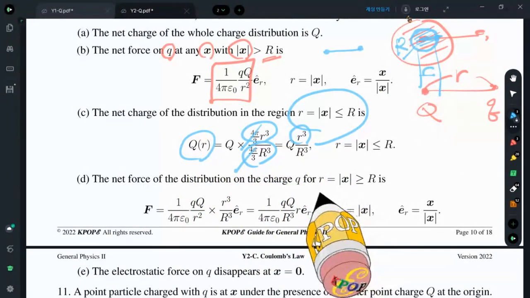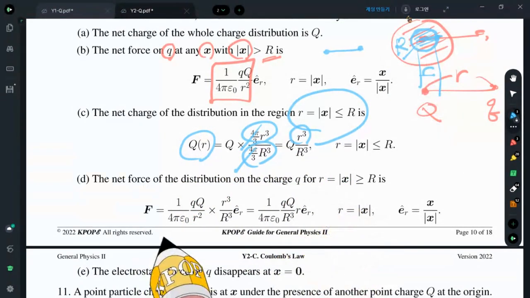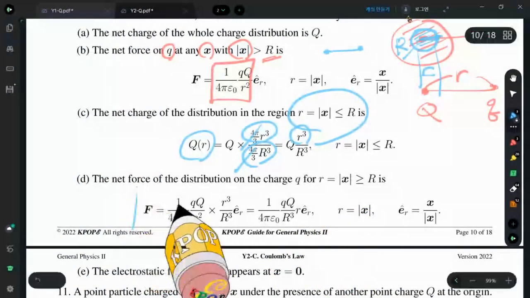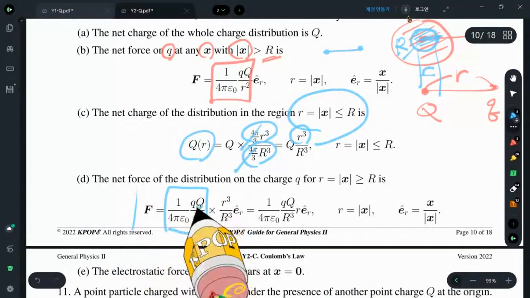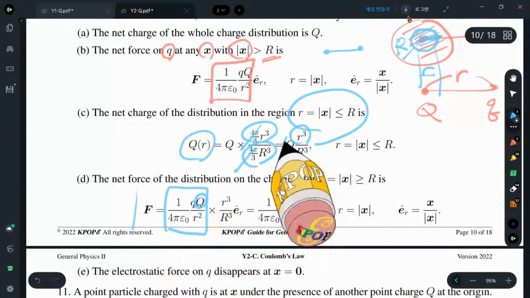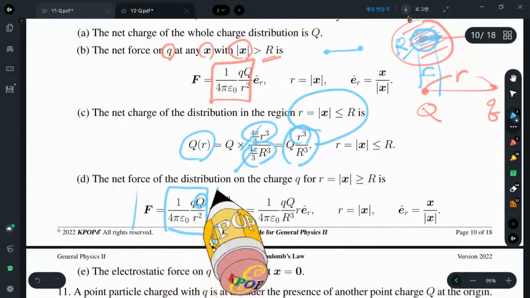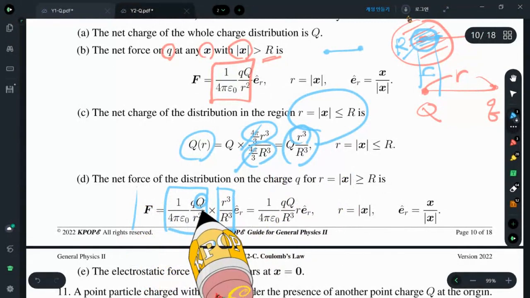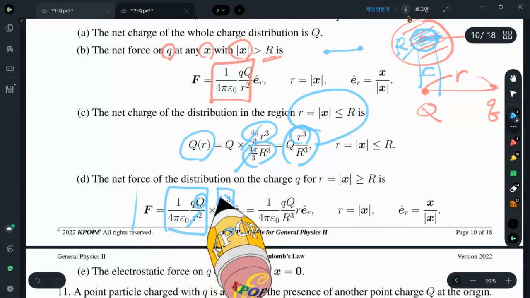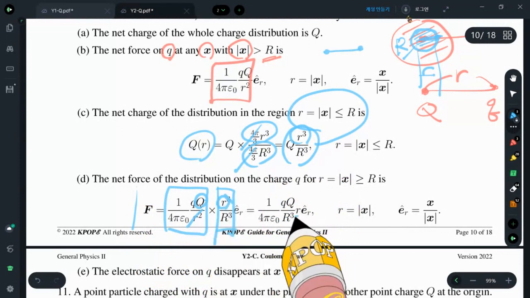So the charge should be corrected with this factor, and by multiplying, r squared cancels, and the force is proportional to r.